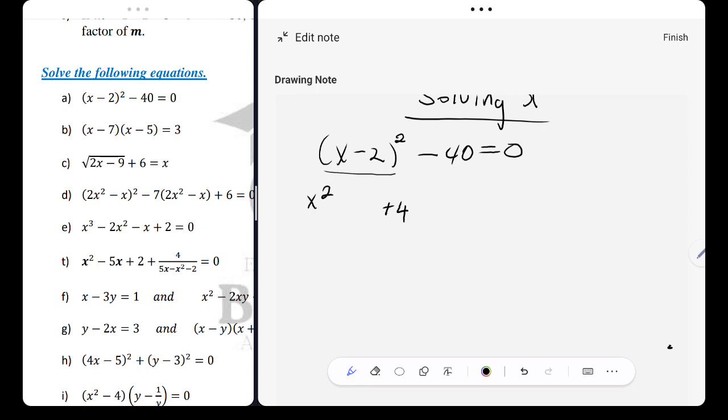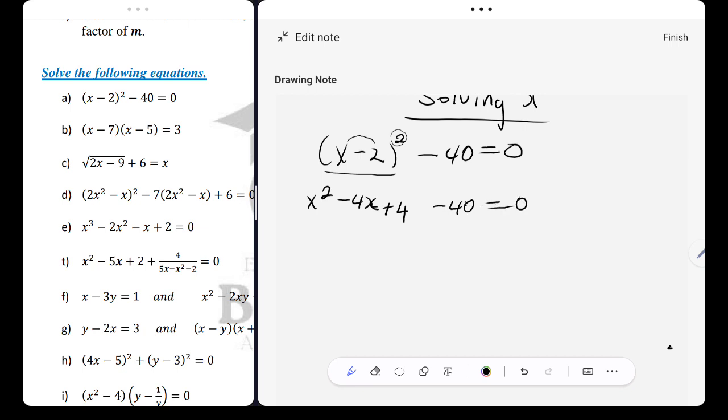And then for us to find the middle term, just multiply these two. X times the negative 2 is negative 2x. Whatever answer we get here, we multiply it by the exponent. So you'll get minus 4x. And then you still have that minus 40 over there equal to 0.